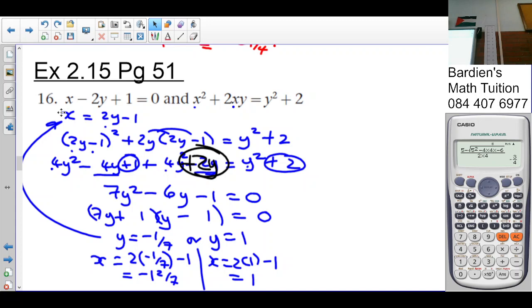Okay. Where did you go wrong? Which line? The very first one. So you wrote x is equal to? Or you wrote down the question wrong. Okay. Anybody else? Any other problems with the simultaneous equation?